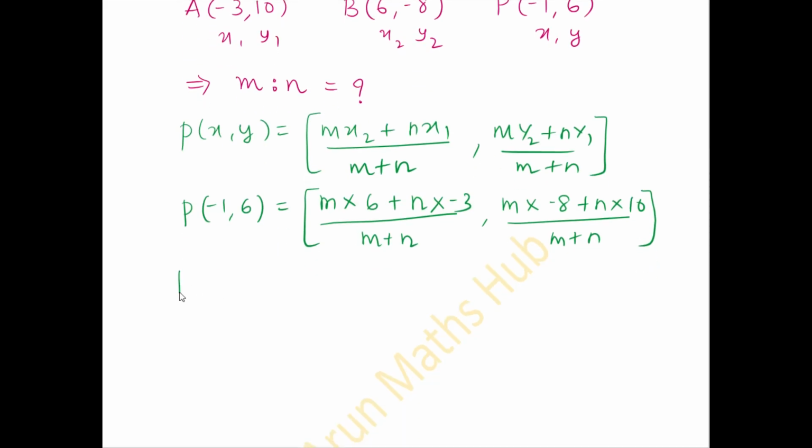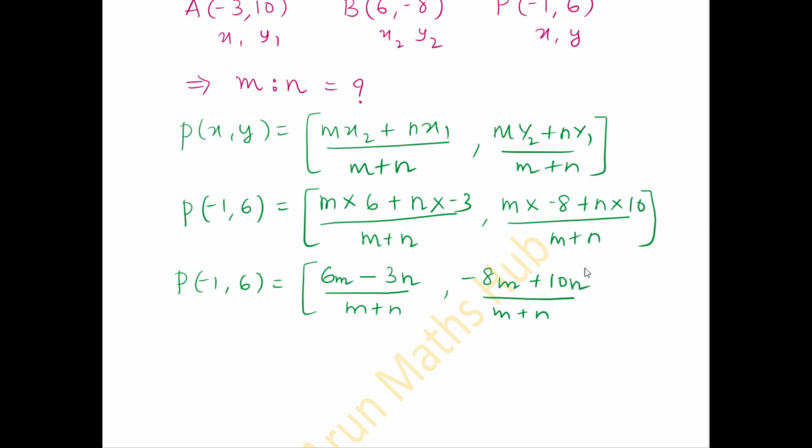Now P of minus 1 comma 6 equals 6 into m, 6m, plus into minus minus 3 into n, 3n divided by m plus n, minus 8m plus 10n divided by m plus n.